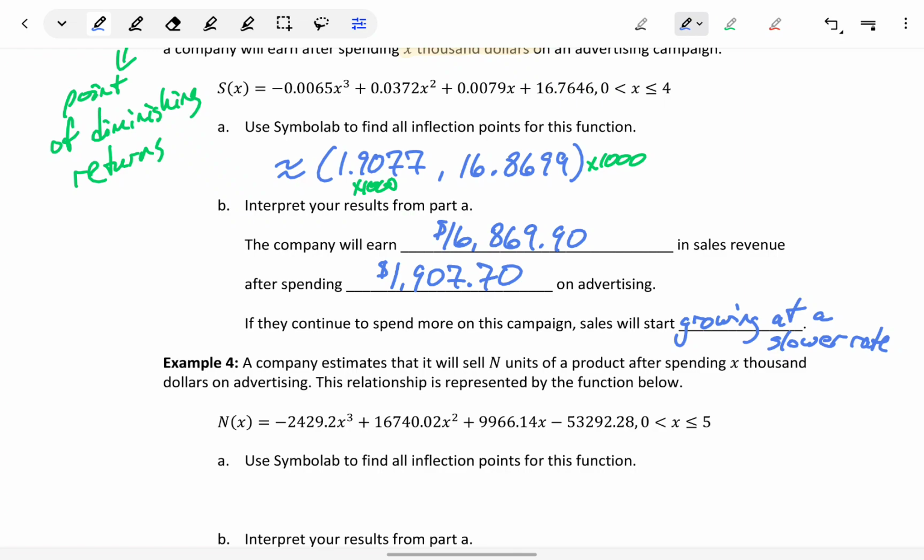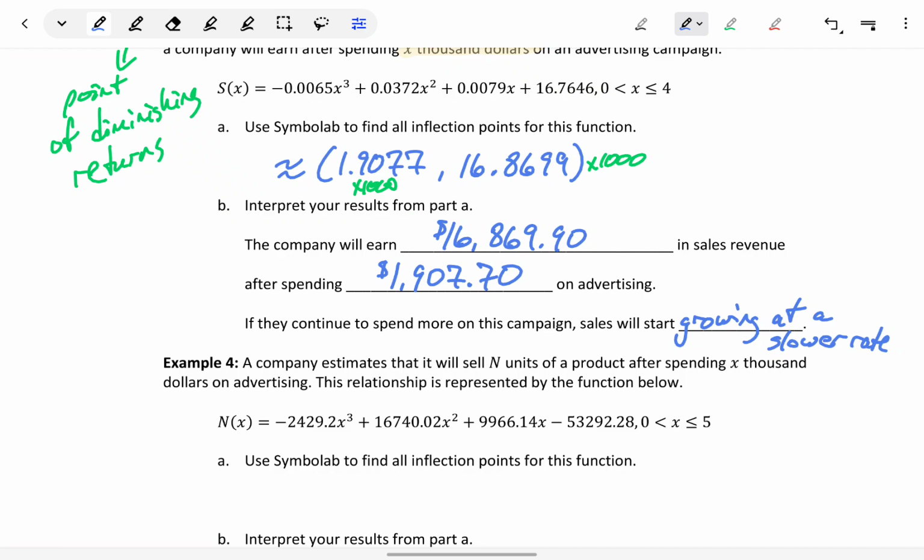That is, they could continue to spend more money on this advertising campaign. If they do that, they will continue to increase the revenue that's coming in, but the gains on that expenditure will start to get smaller. It's up to this expenditure of $1,907.70 where they're seeing the most return on that investment.